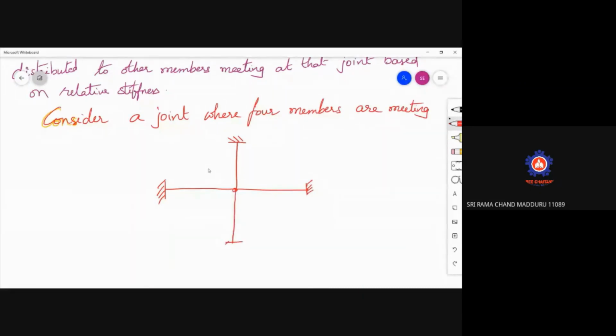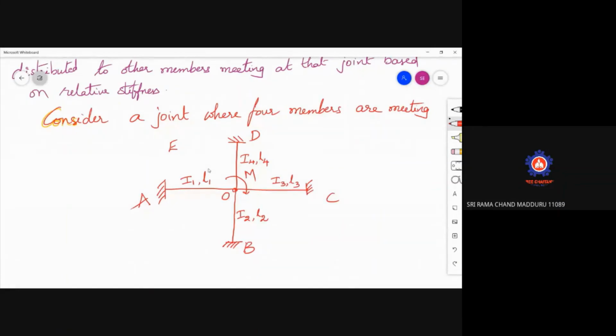The concept is when the far end is fixed, now a moment is applied here. Now this is O. This is written as A, B, C, D. And each one is having the same E, Young's modulus, but moment of inertia is different. Lengths are different, L4.